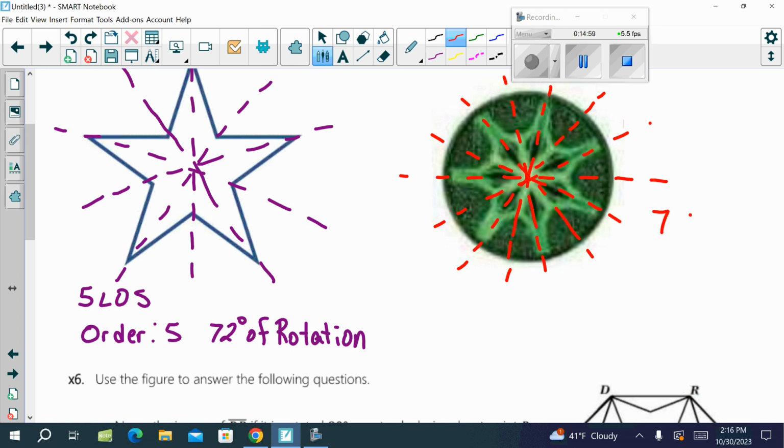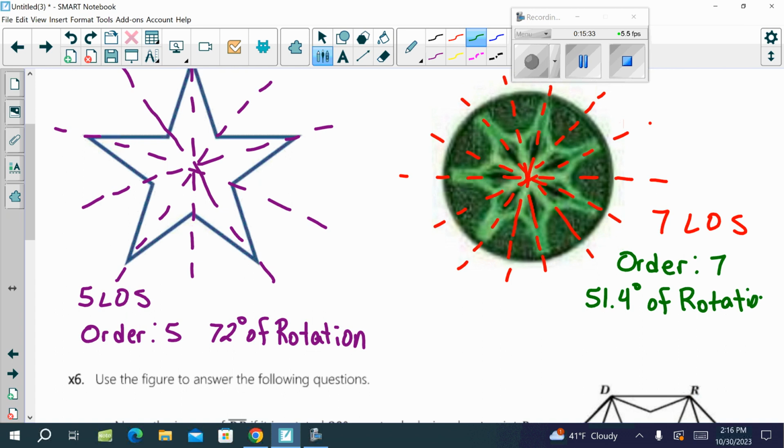So 7 lines of symmetry. So how many degrees does that mean? 51.4. Okay, and what was its order? All right, any questions there?